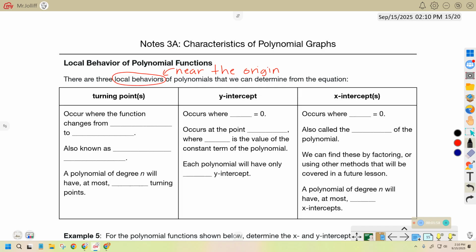Yeah. So turning points occur where the function changes from increasing to decreasing, or vice versa.